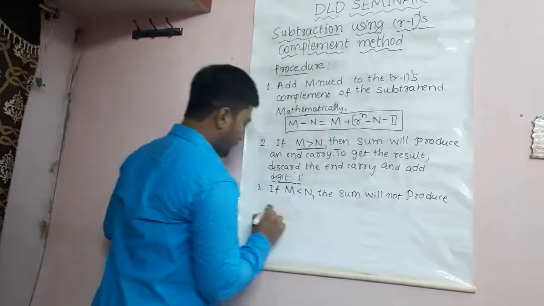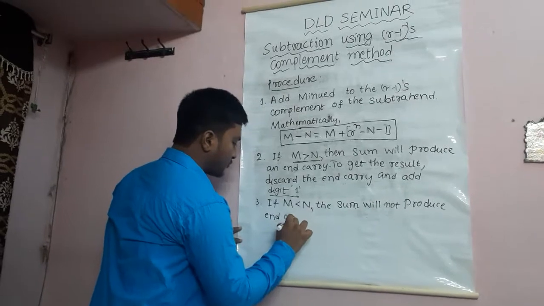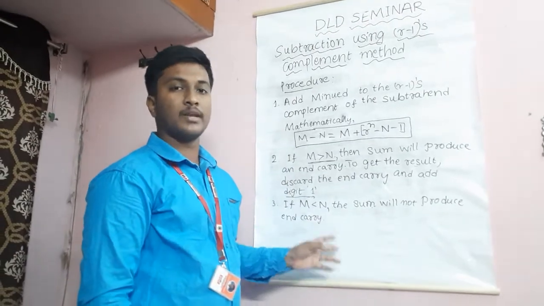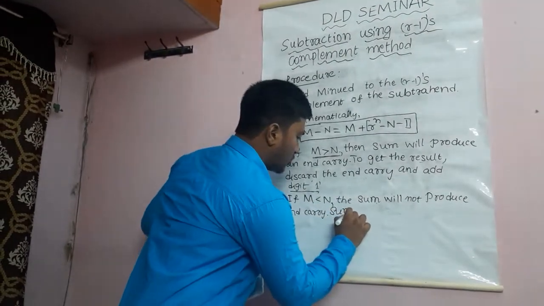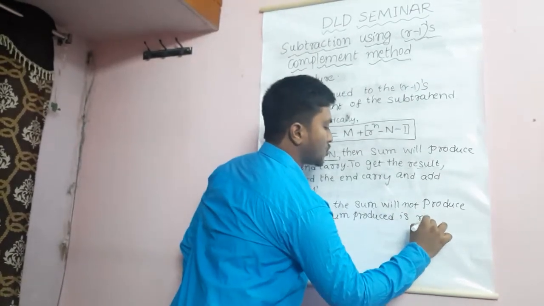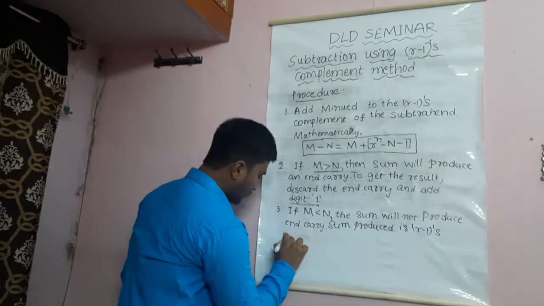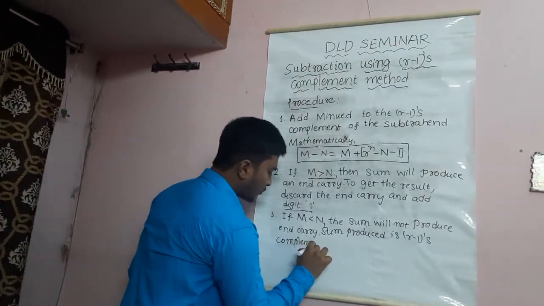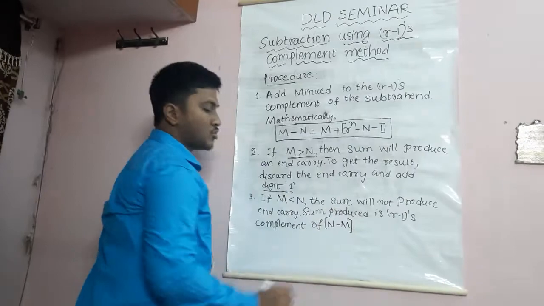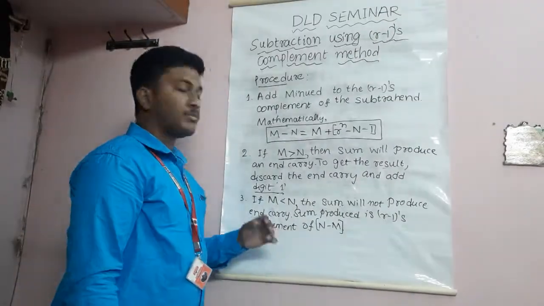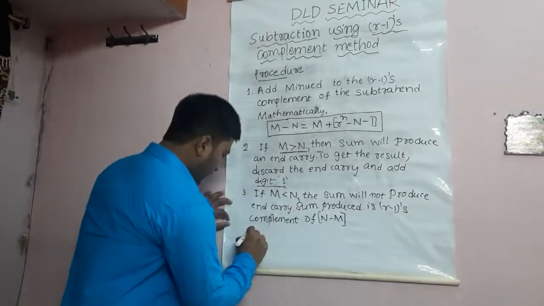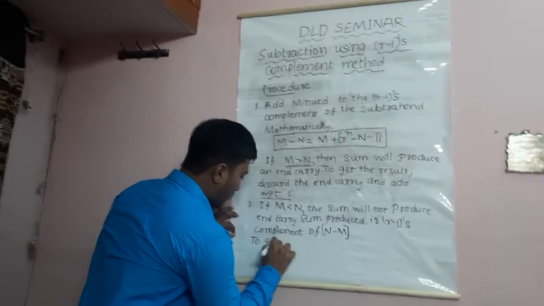The sum produced is equal to the r-1's complement of capital N minus capital M. So to find the final result, we should again perform the r-1's complement of the sum produced and place a negative sign before it to get the final result.